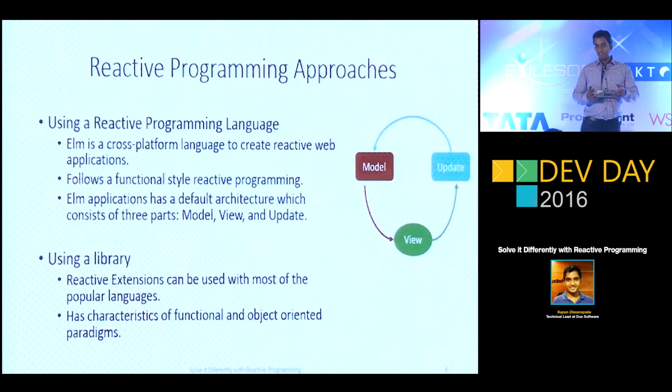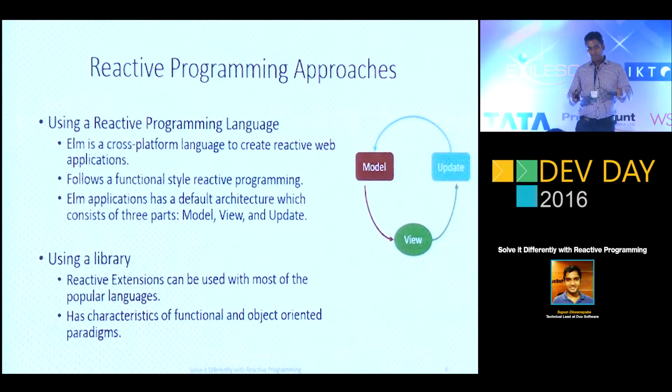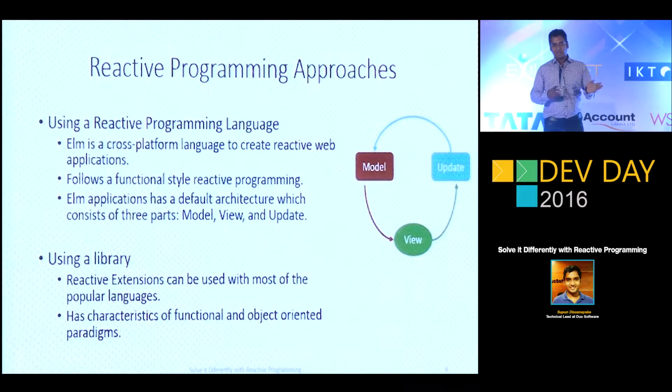First, you can use a reactive programming language, and there's a new language called Elm. Elm is a language that runs on a platform in the backend, where you can write in a functional reactive style.